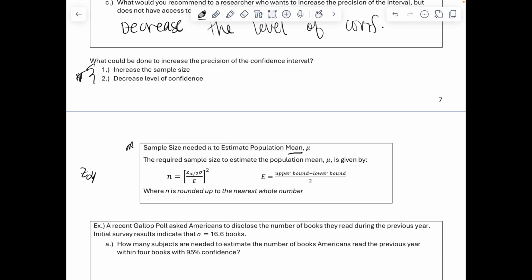And again, remember, the z alpha over 2 is on page 2 of chapter 7 notes. So we had 3 of them listed there that were the most commonly used, and then the example underneath did show how to get z alpha over 2 for any value. And then it says where n is rounded up to the nearest whole integer.